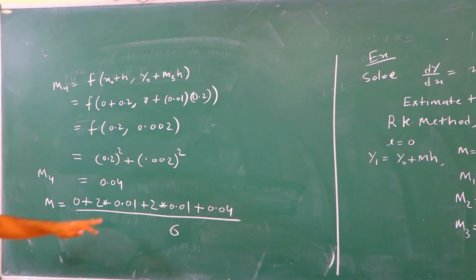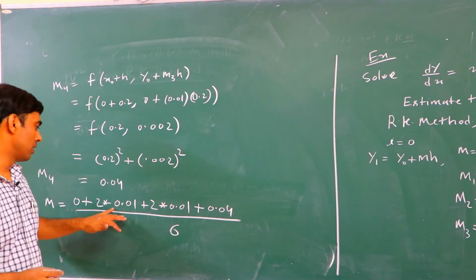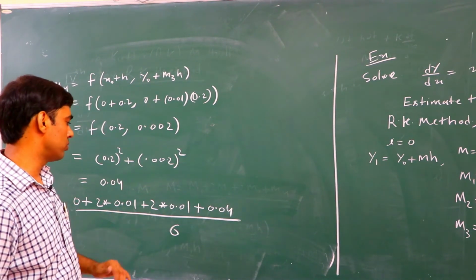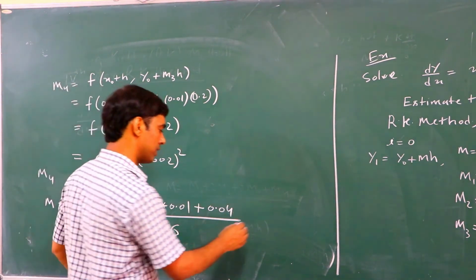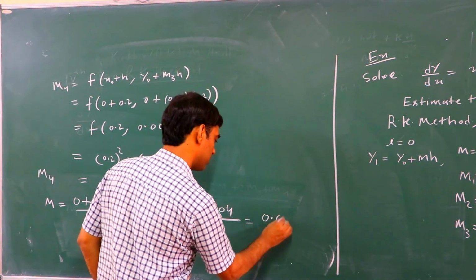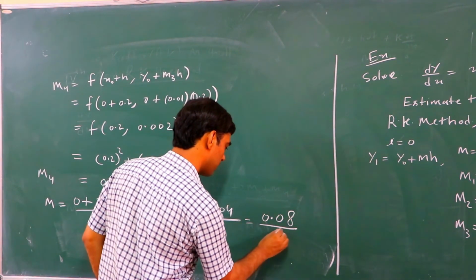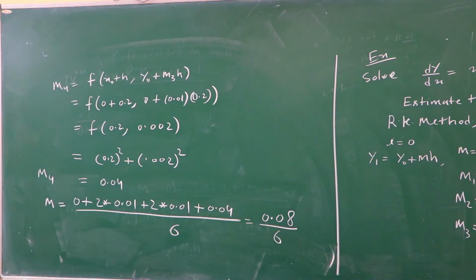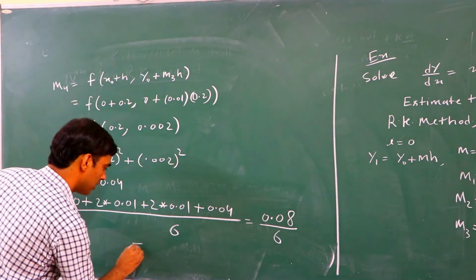After simplification this becomes 0.02, and this also becomes 0.02, and 0.02, 0.02, 0.04. This becomes 0.08 divided by 6.